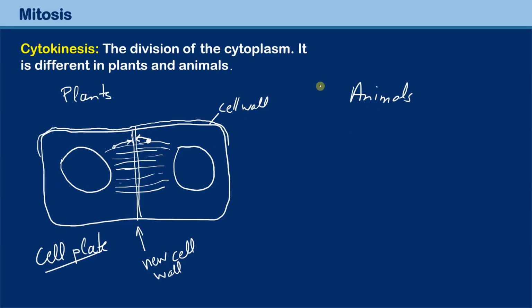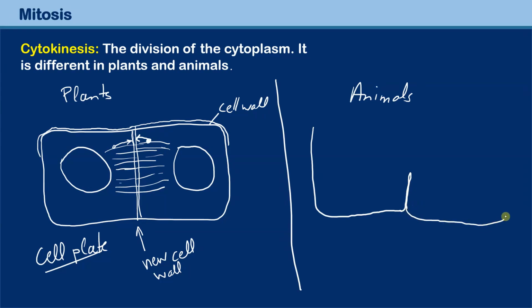In animals, now let's have a look at the animal cells over here. The situation is a little bit different. We have also our telophase cell, but the middle of the membrane of the cell starts to fold inwards. See over here it kind of folds inwards, not very nice.